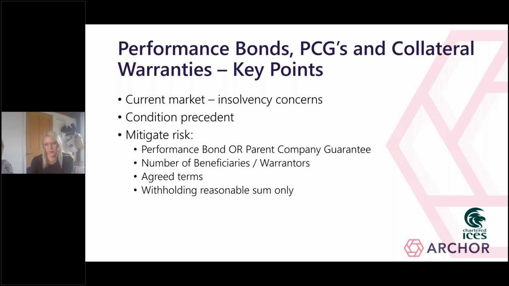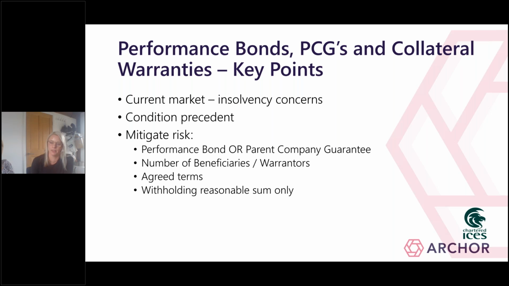Well, firstly, where security documents are concerned, there's often a requirement to provide both a performance bond and a PCG. Given that these documents are both principally to protect against insolvency risk, it could be argued that two forms of security protecting against the same risk is excessive. It's also important to consider whether it's actually possible to provide these documents.